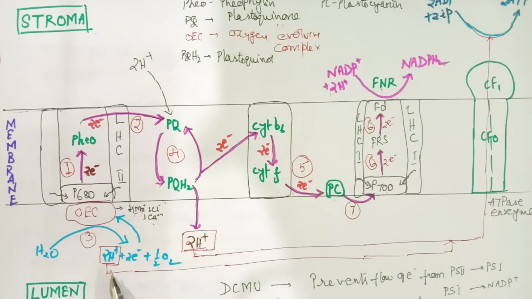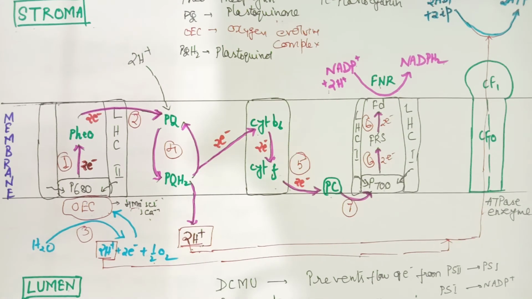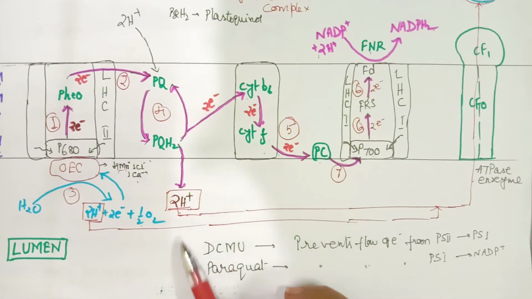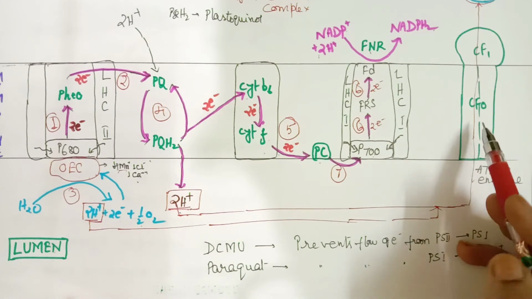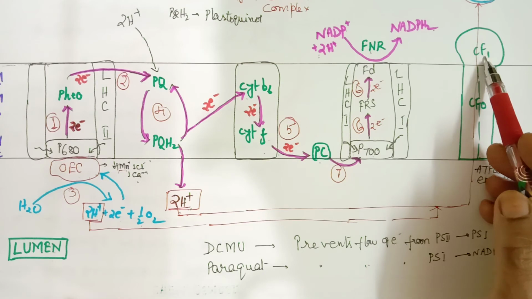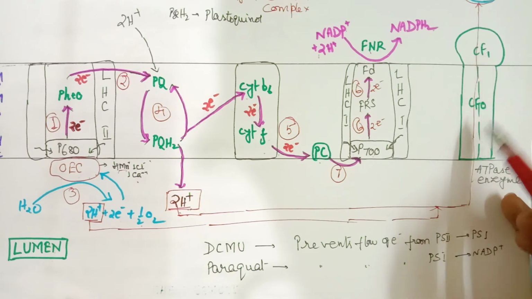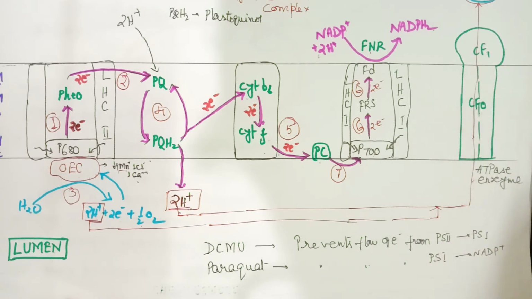In the process, the protons which are accumulated in the lumen pass through another complex called CF0, CF1. CF stands for coupling factor. About this we will be doing in the next topic, that is chemiosmosis, in detail.